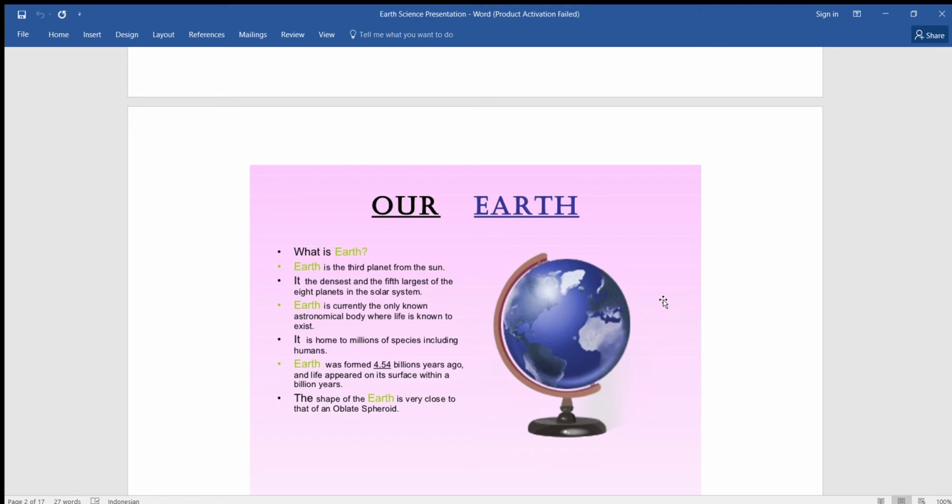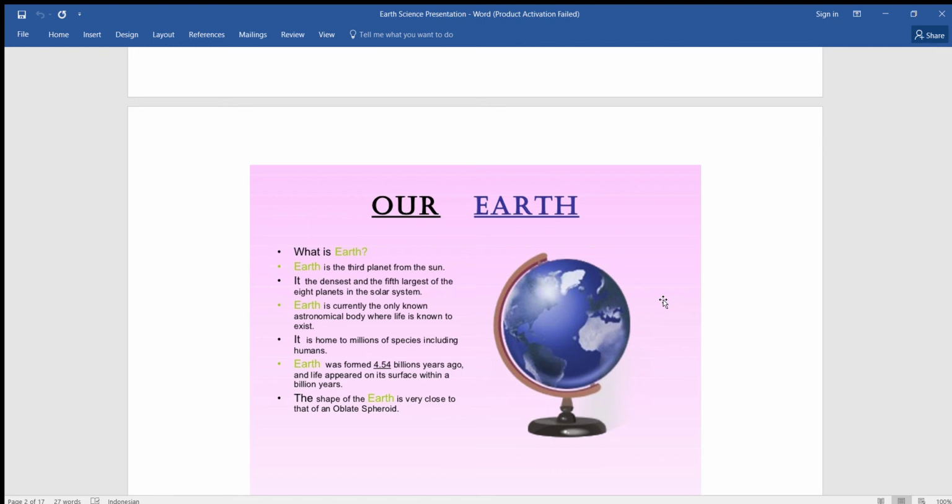It is kept warm by an insulating atmosphere and has the right chemical ingredients for life, including water and carbon. So, yan po ang mga composition ng Earth para tayo ay mabuhay. Para bakit habitable ang Earth.